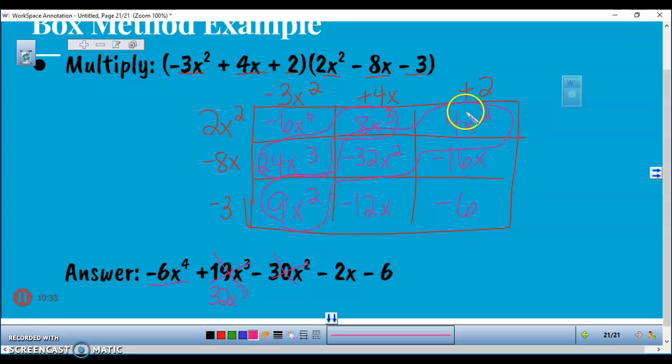Let's see, 13, negative 29x squared minus 28x minus 6. I must have changed some numbers before I typed my answer there. And that would be my final answer. I'm going to drop this negative 6x to the fourth down. So just be careful. As you can see, it's very easy to make simple mistakes. I probably just copied a number down when I multiplied them.